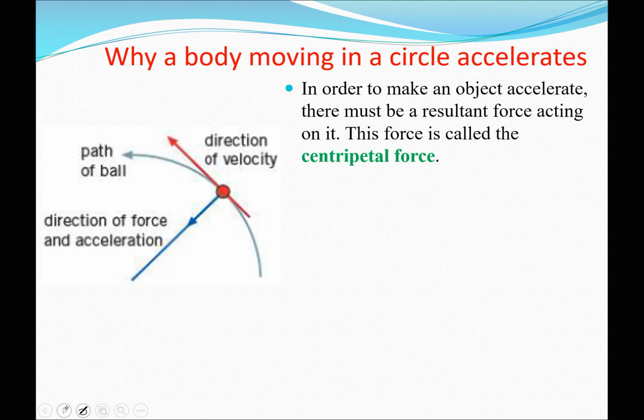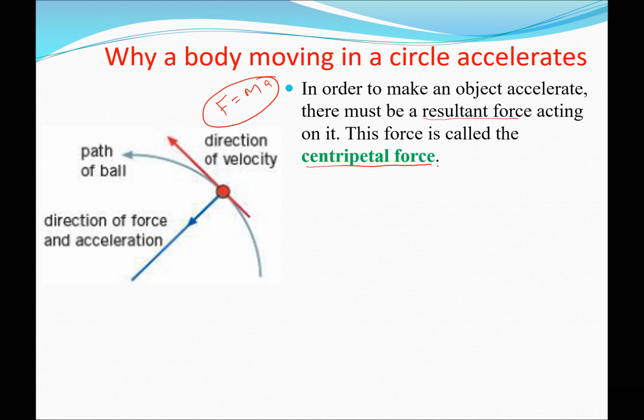So in order to make an object accelerate, there must be a resultant force acting on it, because there can't be an acceleration when there is no resultant force acting on the body, according to Newton's second law. And this resultant force is what we are going to call the centripetal force. The acceleration was called centripetal acceleration, and the resultant force is going to be called the centripetal force.